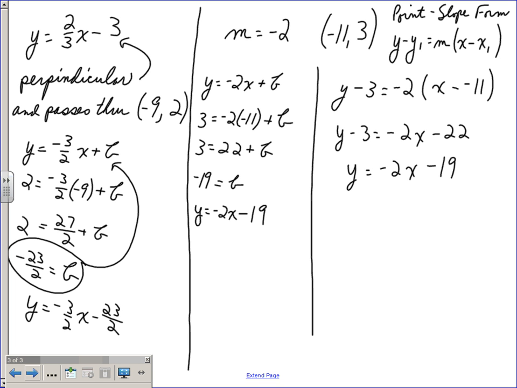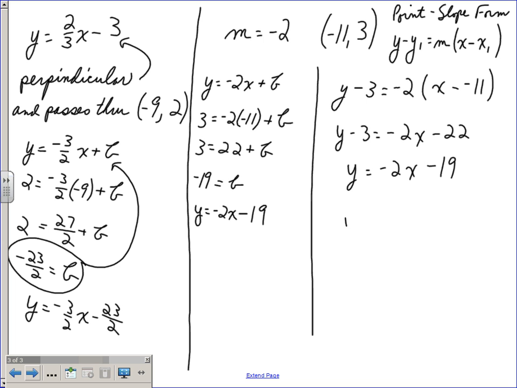Less steps. This one's just as effective if you like this. Slope-intercept form, point-slope form. Okay. We have perpendicular lines, we have parallel lines. All right, any questions?